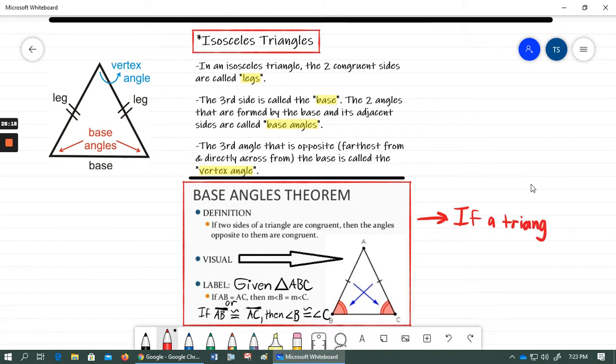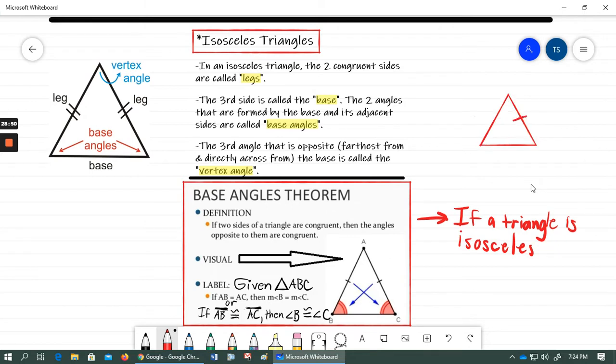If two sides of a triangle are congruent, then the angles opposite of them are congruent. Okay, a little bit better.